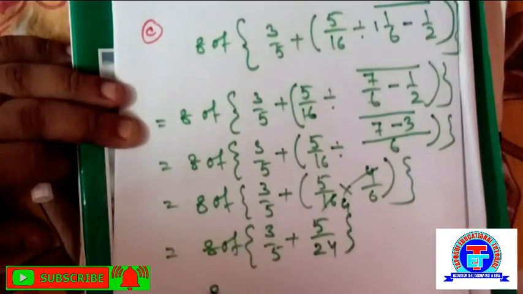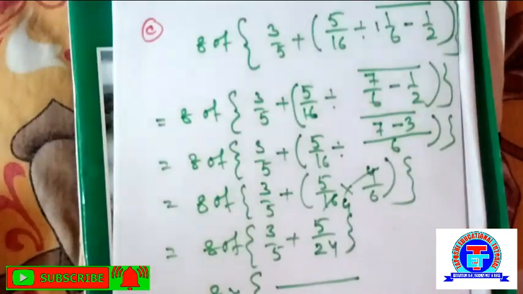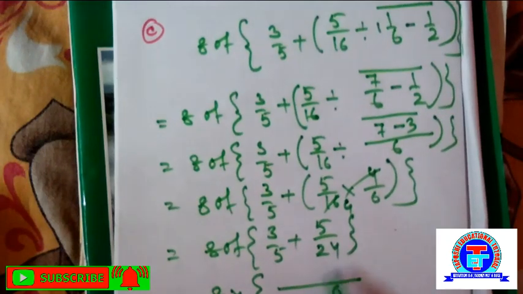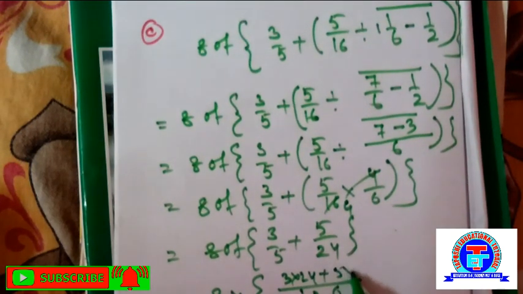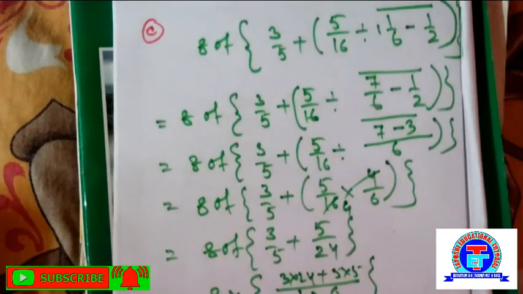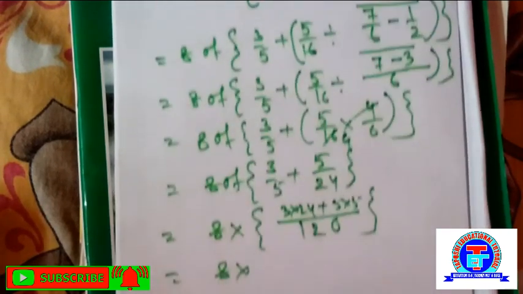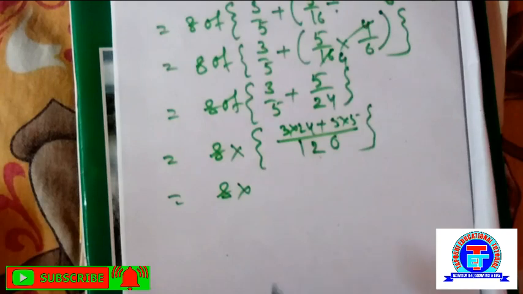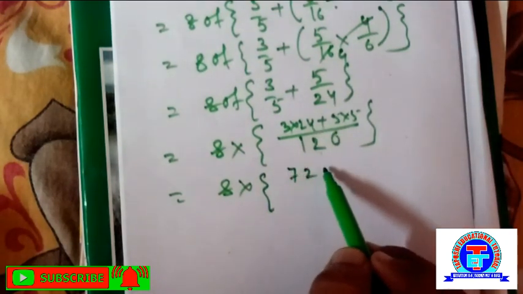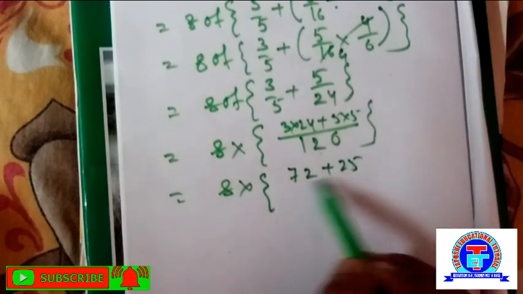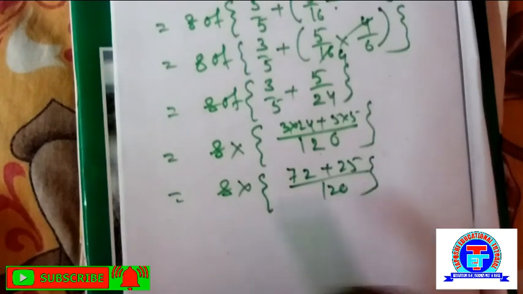Now this one became 8 multiply this one curly bracket, the LCM will be 20 and this one 120. Okay, so this one 24, so 3 into 24 plus 5 into 5, right? So 8 into this one, multiply this one, 72 plus 25 by 120, right?